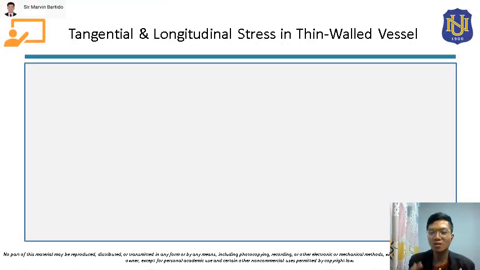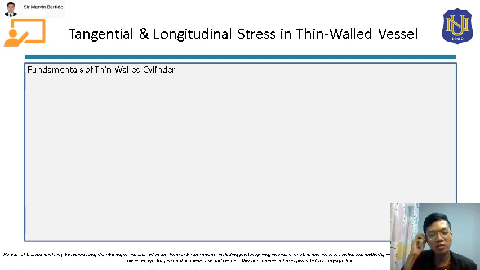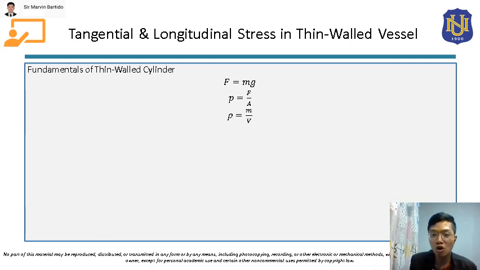Okay, so we will now start discussing the tangential or longitudinal stress in thin-walled vessel. So for the fundamentals of thin-walled cylinder, these are some fundamental formulas that we are going to use. F is equal to mg, small letter p is equal to F over A, rho is equal to M over V, and then F is equal to rho times gV.